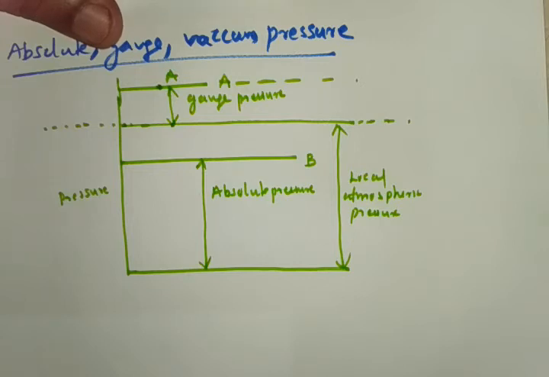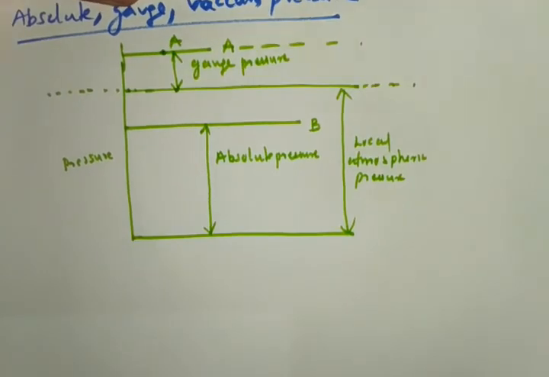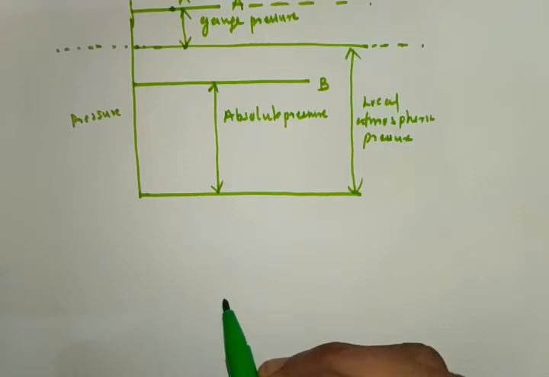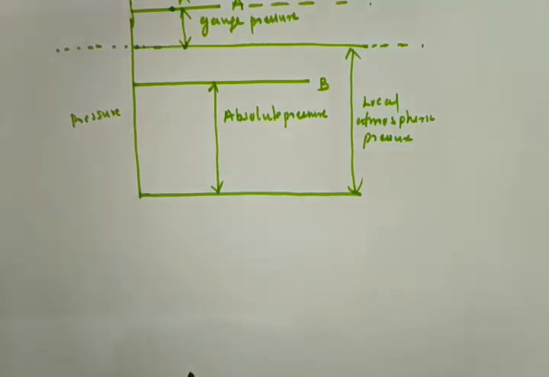So when you consider an object and the manometer measures a pressure of 14 bar or 40 newton per meter square, it actually means it is the value of the difference between the actual pressure and the atmospheric pressure.